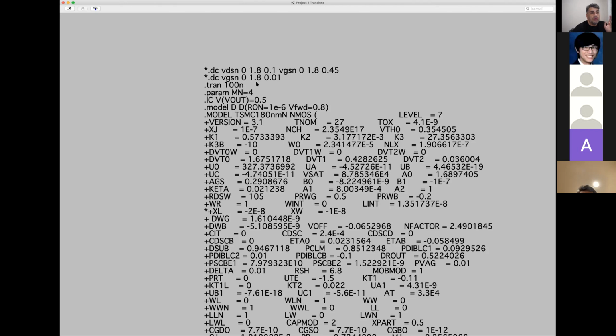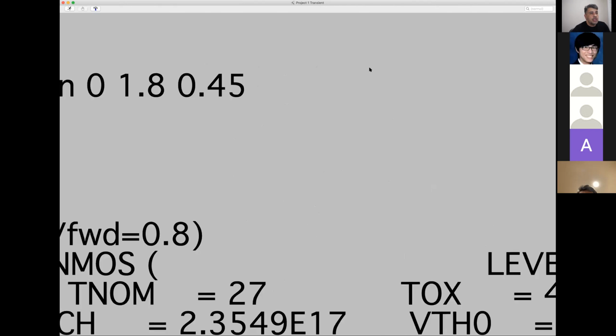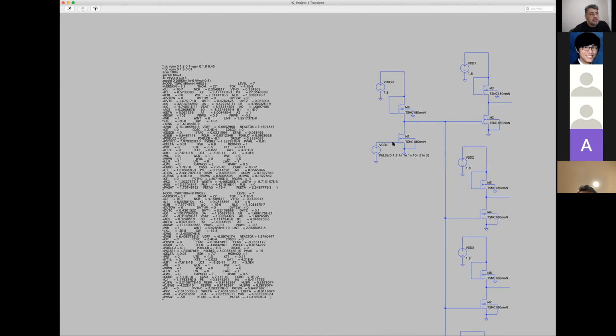Assuming it simulates, you then plot this node, the input node, and the output node, both with respect to time. So you'll see a pulse train here if everything works.